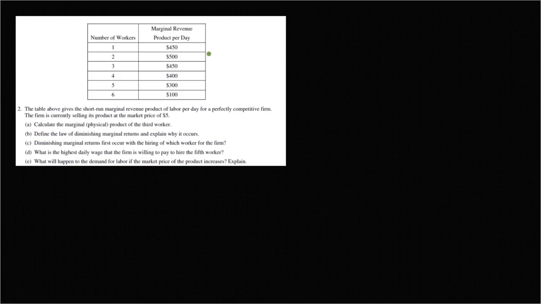Okay, so let's see. We want the third worker. We know that the marginal revenue product, MRP, is equal to the marginal product times the price.